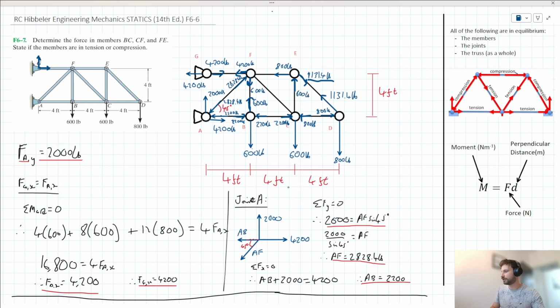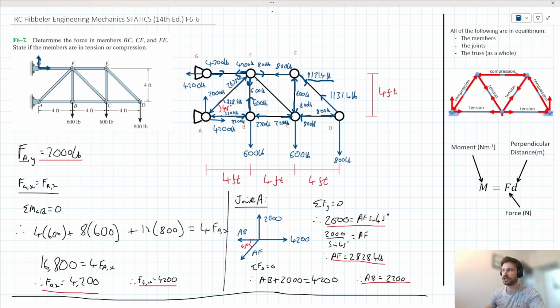And again, we can kind of fill in the rest. So we'll have 800 pounds acting down on joint C here, and we'll have 800 pounds acting to the right at joint F here.